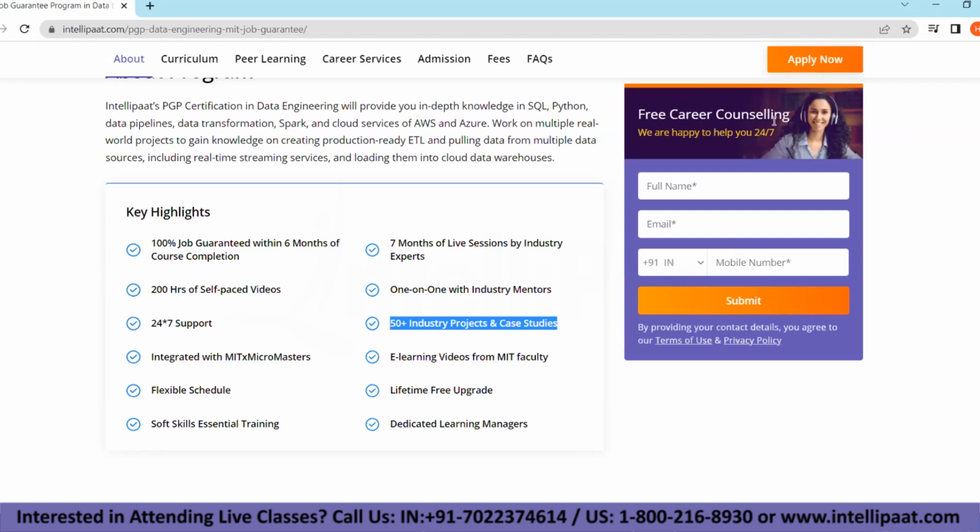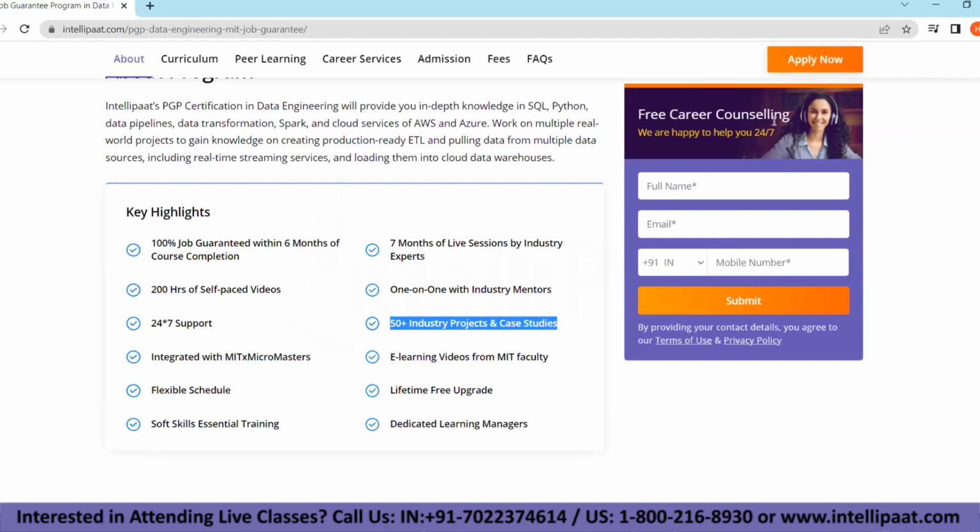There is also lifetime free upgrade, which is a very significant feature, because this is something which no other edtech institute will be able to provide you. Why? I'll tell you. For example, if you're learning all these technologies right now, you're learning SQL, you're learning ETL, you're learning Informatica, Spark, etc. A lot of things which you'll be learning in the next 7 months, right? After 2 years or 3 years, whenever there is an upgrade in the technology, whenever the curriculum gets advanced or there is a new curriculum added or an update in the technology, again you will have to spend the same amount of money to learn the same technology, right?